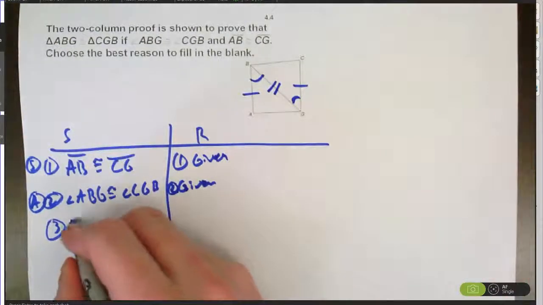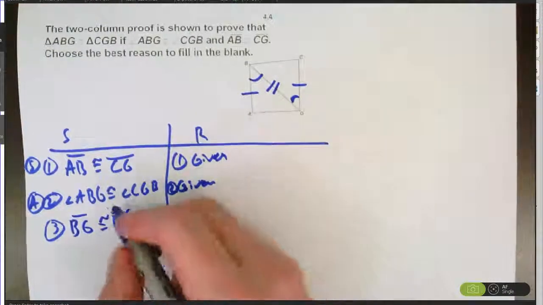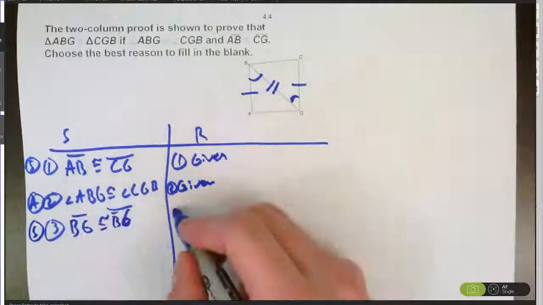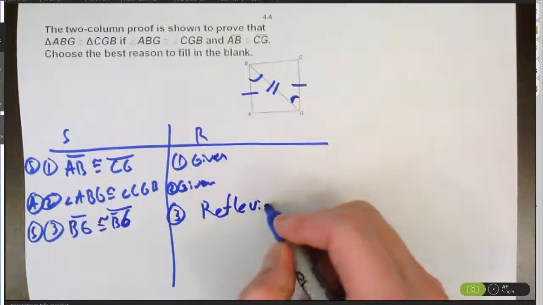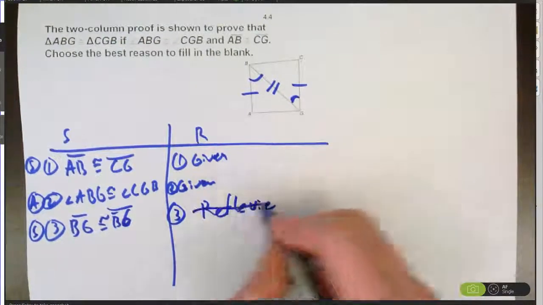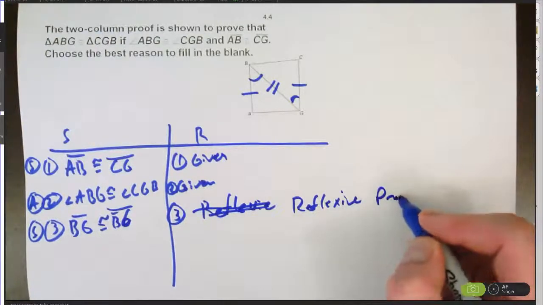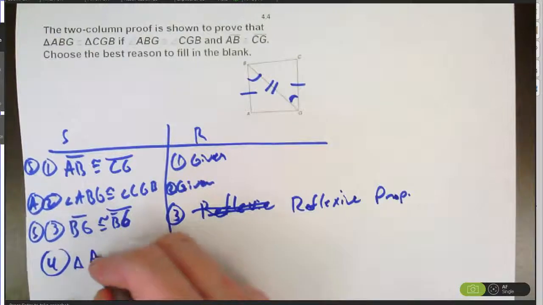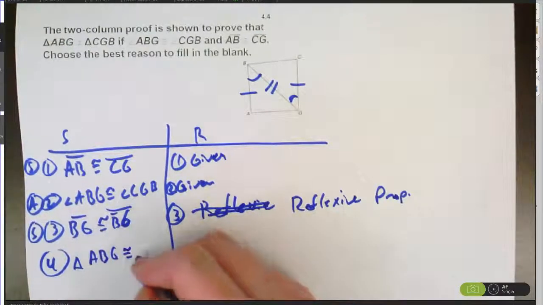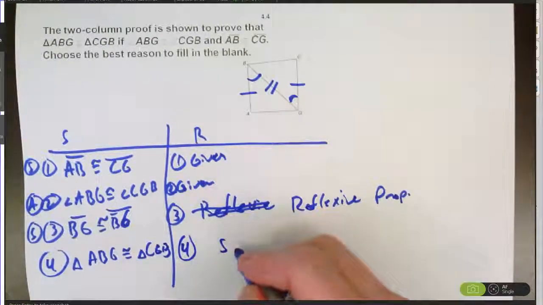Hopefully we would catch that BG is congruent to BG because they overlap and share the same side, and that's the reflexive property. So triangle ABG is congruent to triangle CGB by side, angle, side.